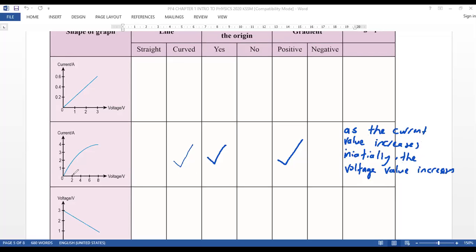There's a long way to explain it. The voltage increases initially, but later you can see slowly it's decreasing. The current value started to decrease. So that's why you only use the word initially, maybe until a certain point only. After that, you can see slowly they are decreasing. So we don't have to explain that part, okay?